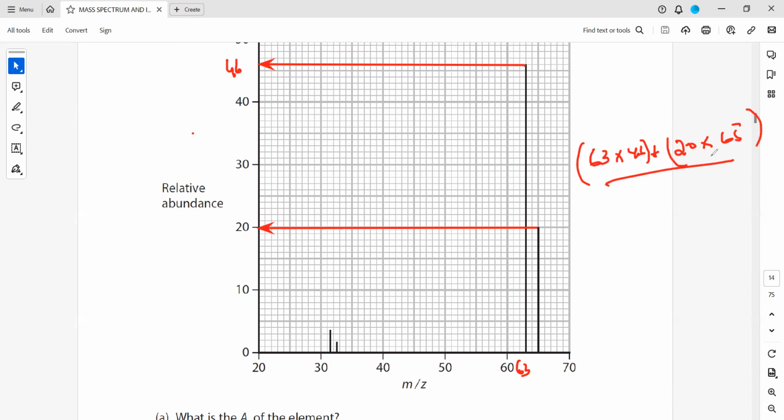And then what number do we divide by? The first value was 46 and then 20. We will not divide by 100 here. We divide by 66, because one is 46 and another one is 20. So what's the answer here?